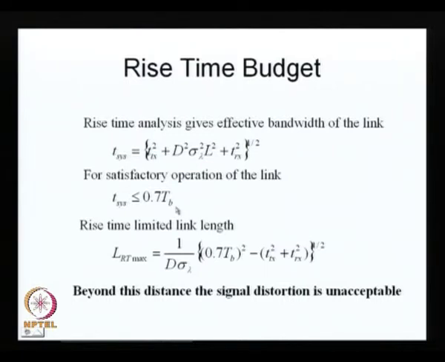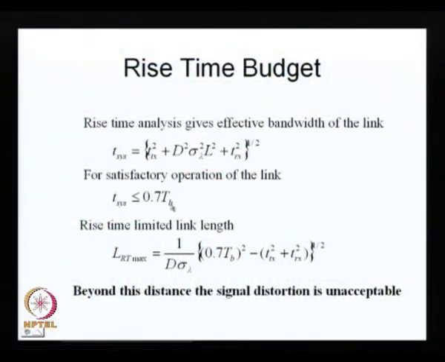If we take, let us say, simple NRZ data, where over one level of the bit the optical intensity remains high for the entire bit duration, and for 0 the optical intensity is 0, then the bit duration is given by TB. So, the system rise time should be less than 70% of the bit duration.